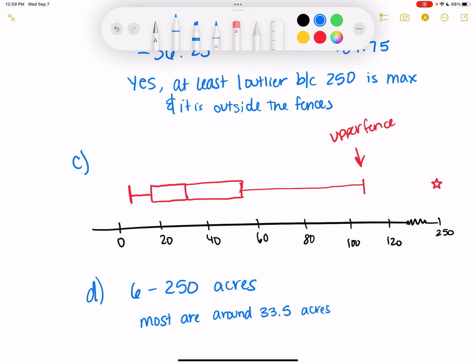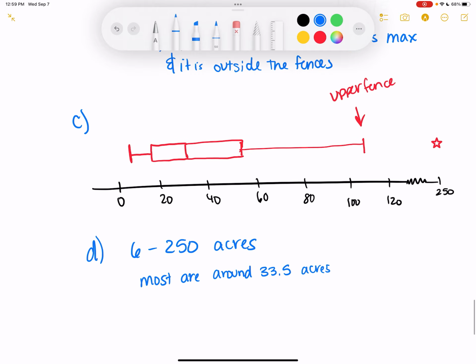And then I would talk about the middle 50%, which is our IQR. So I would say the middle 50% are sized between 18.5 and 55 acres. And you could write that in sentences if you want, but bullet points are sufficient.